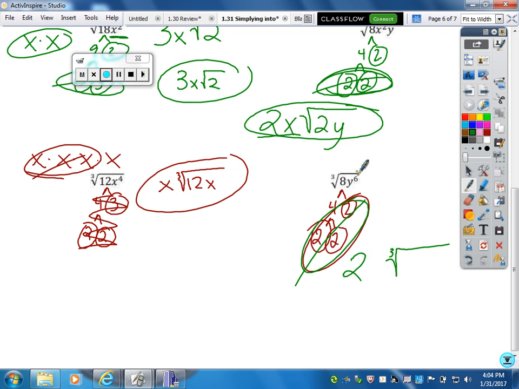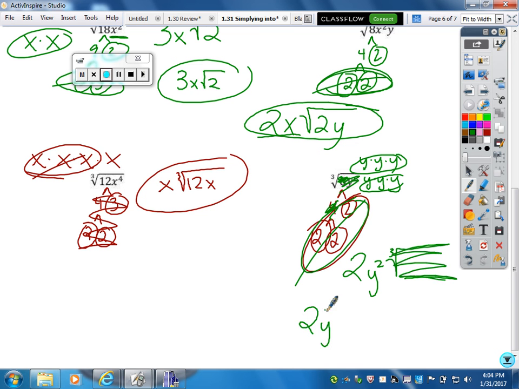And then my y, if I have 6 of those, I have 2 groups of 3. Wait, I don't have anything left over. I've used everything. So this is a case where we had a perfect cube. We didn't realize it at first. You don't need anything in the radical. It's just 2y squared, no root. And you're done.